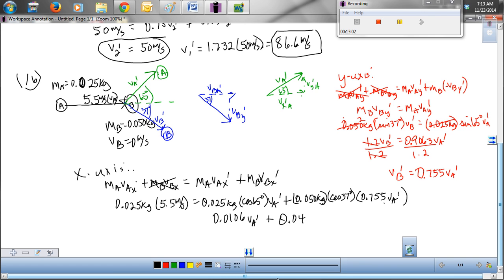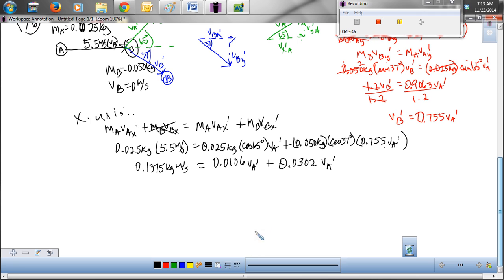So I'm going to go back and make that 0.0302 VA prime. And that has to equal 0.025 times 5.5. And I got 0.1375 right there.